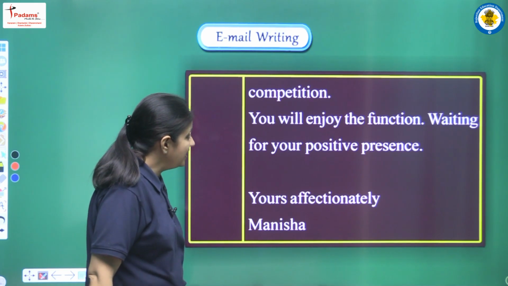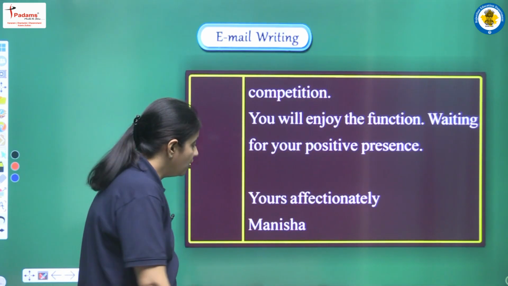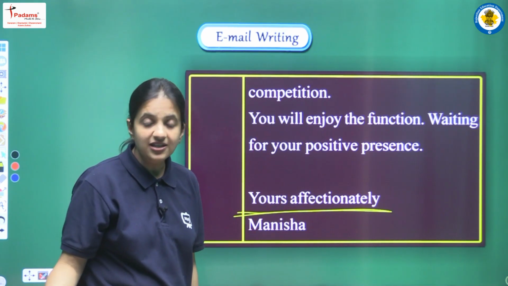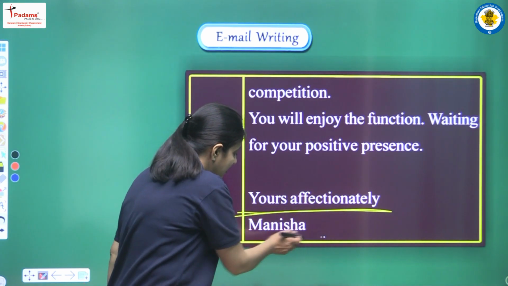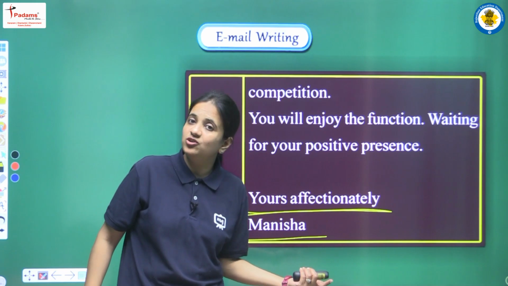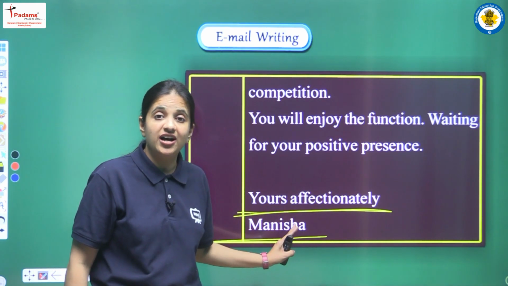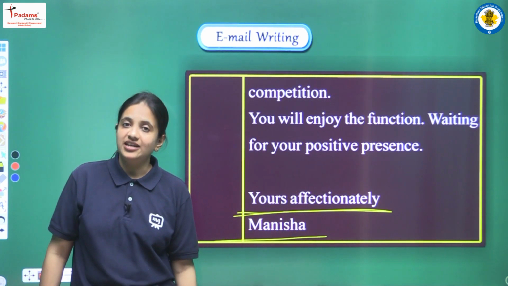And finally we are writing that waiting for your positive presence. And now finally yours affectionately, so we are writing to our cousin, so we can write yours affectionately. And finally our name, that we can write any name because no name was given in the question, so we are choosing here Manisha. Okay, so in this manner we can write a perfect email.